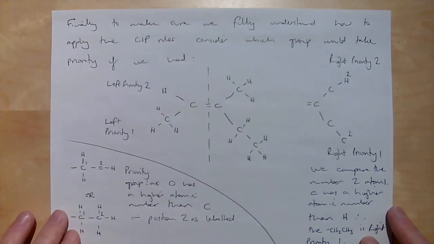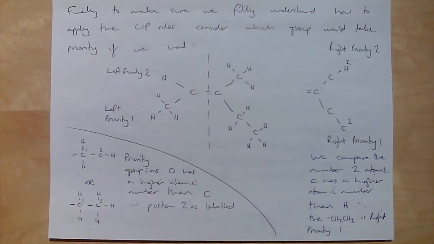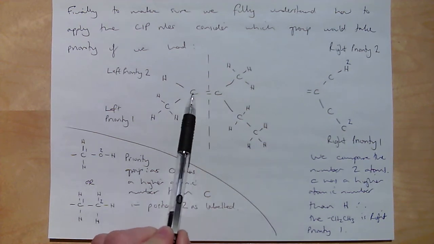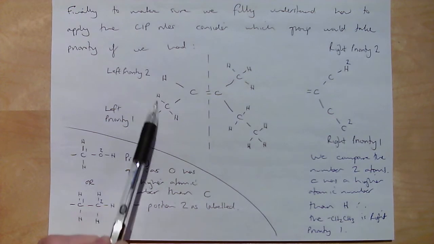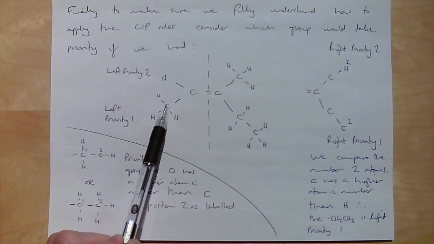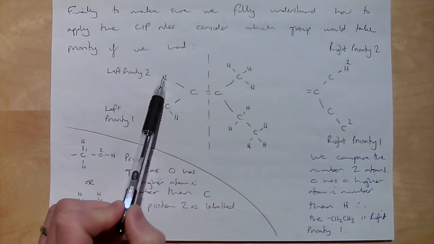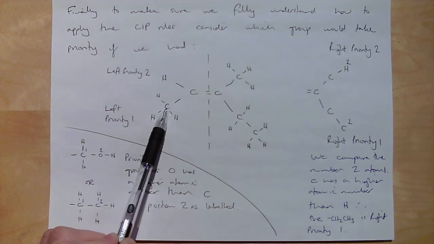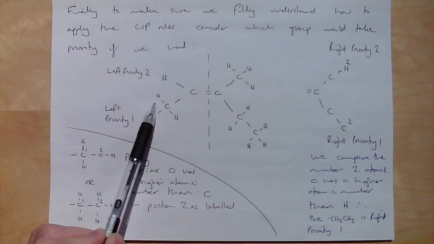Okay, so finally, to make sure that we fully understand how to apply the CIP rules, consider which group would take priority if we had this. Okay, so this is my molecule here. Okay, so I find my double bond, I look to the left, and I can see there that I've got a carbon attached to that carbon, and I've got a hydrogen there. So carbon has a higher atomic number, so carbon, this group here, is my left priority group.